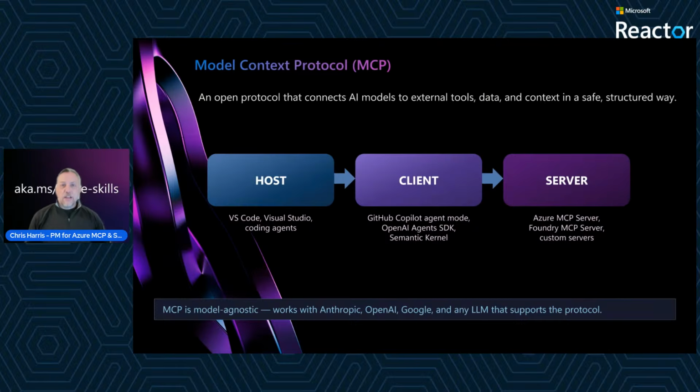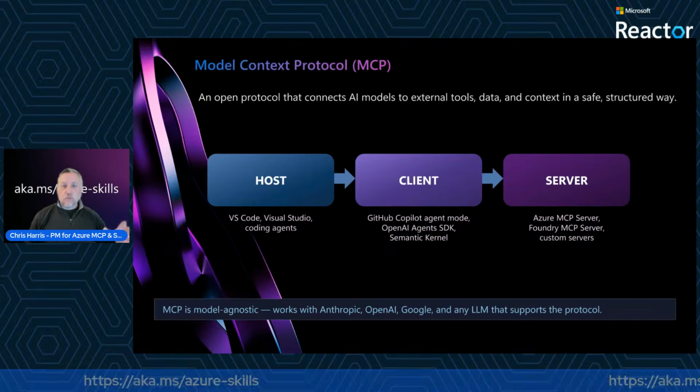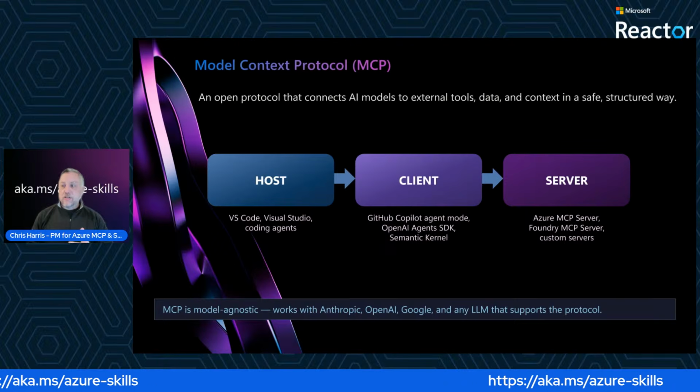So we have the Azure MCP server, we have Foundry MCP servers. There's a bunch of MCP servers out in the wild today. One of the things that you'll see, we believe this is the right approach, but we'd love to get your feedback, is we are collecting a lot of those tools around Azure, and we're combining them into a single MCP server, the Azure MCP.